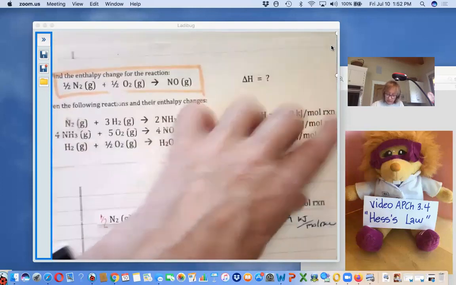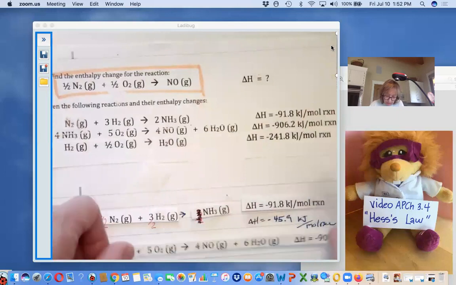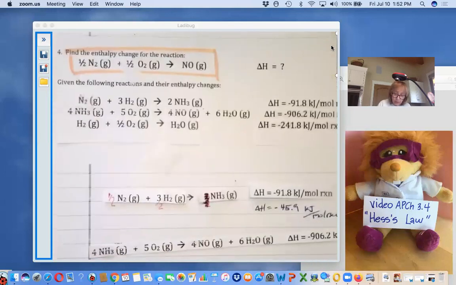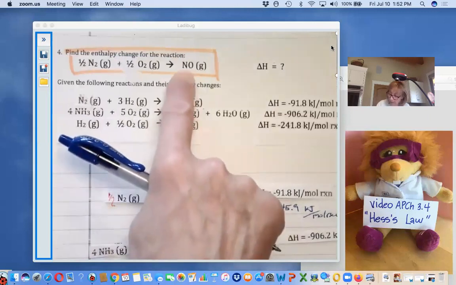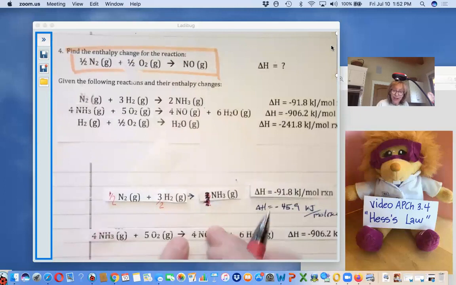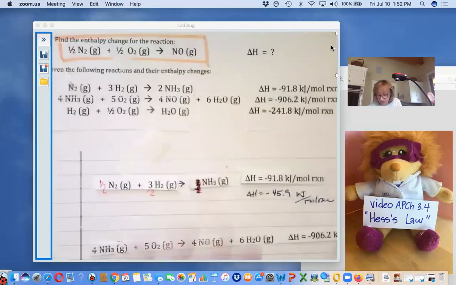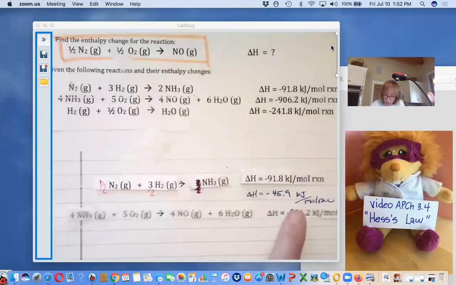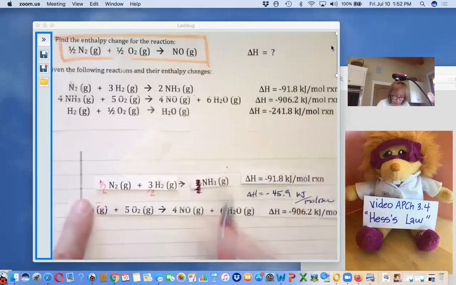So let's just take it and put it right here. The problem, though, is that I only want to end up with 1 NO, and I have 4 NOs. So let's multiply through by a factor of 1/4.